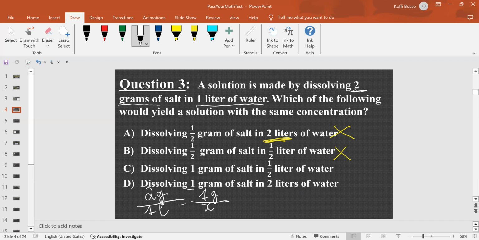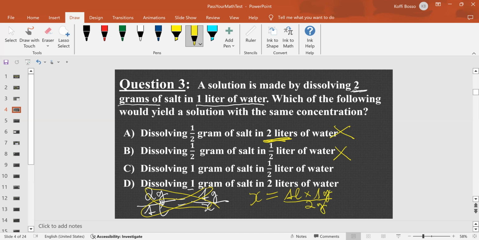And if we are going to cross multiply, we'll see that to find that X, we need to do 1 liter multiplied by 1 gram, everything divided by 2 grams.